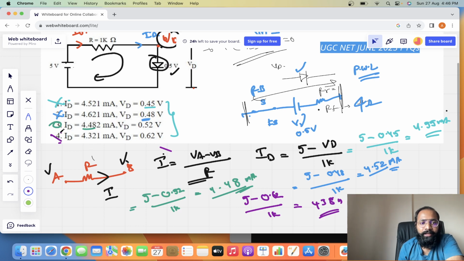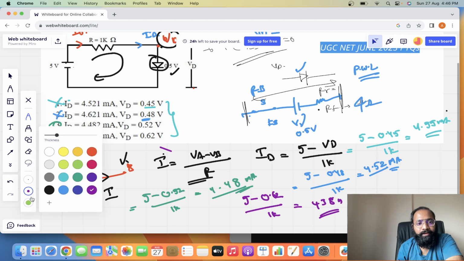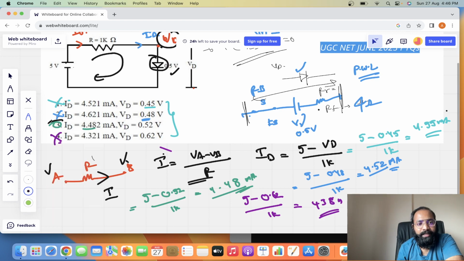But here 4.32 is there. So you can mark it as a wrong one. So finally, what is the correct option here? We got the correct option as 3, where the values are exactly matching. Yes or no? Okay. So as per this analysis, the third option is perfectly matching with the values.